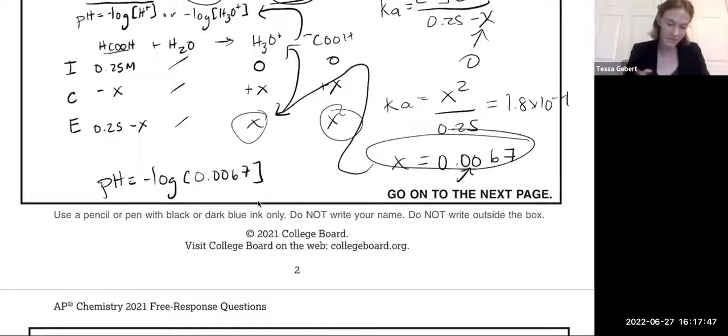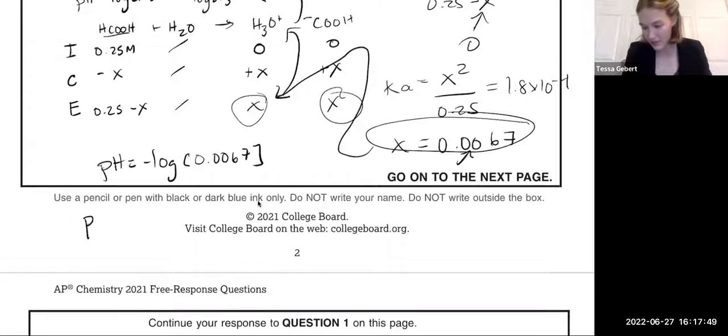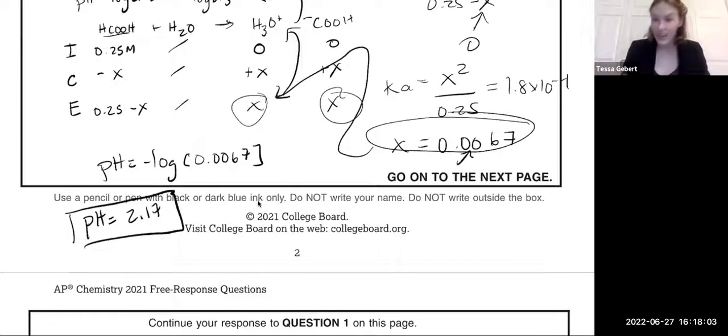And if we do that, then we get a pH of 2.17. And pH is just in pH units. You don't need to put a unit with it. And so that's how you would solve this pH question.